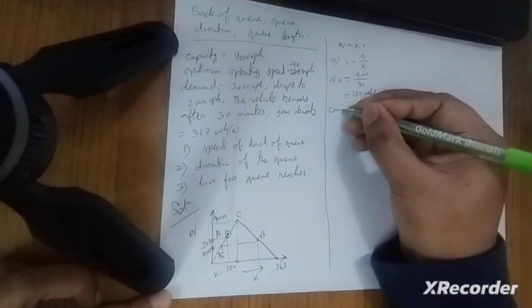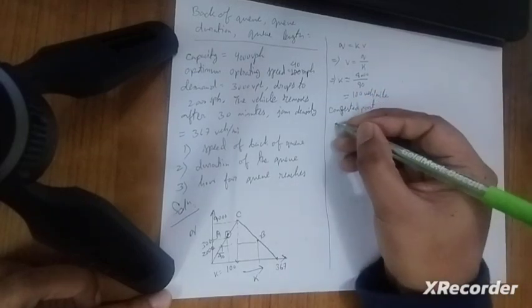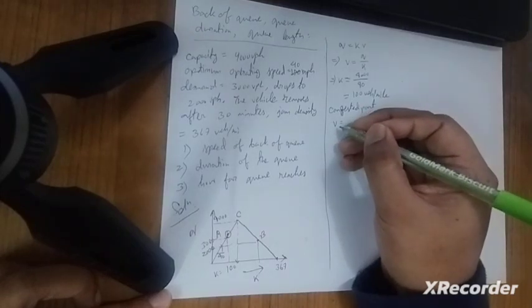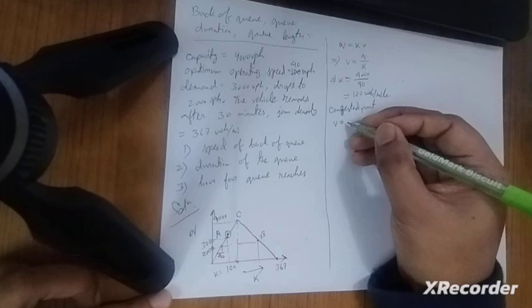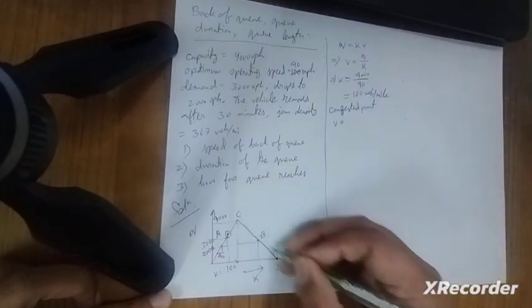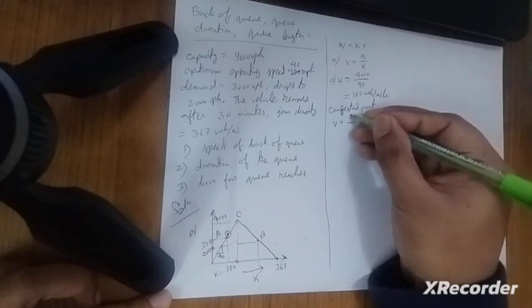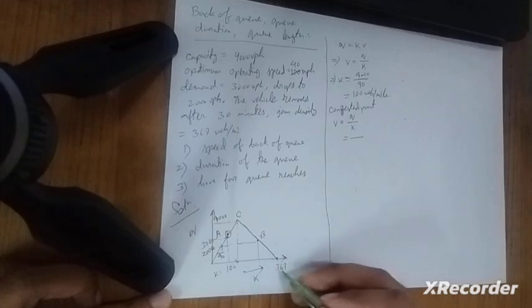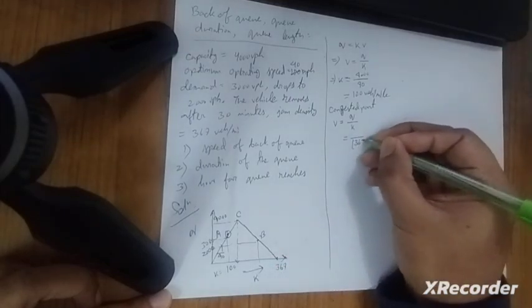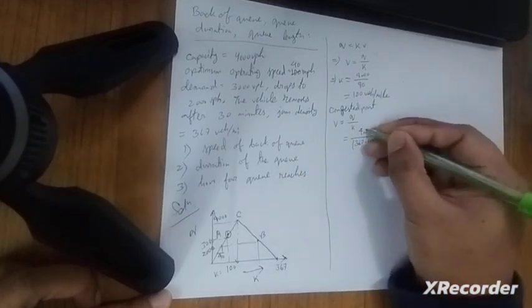For the congested part, the slope is Q by K. The K value is 367 minus 100, that is 267, and Q is 4,000.